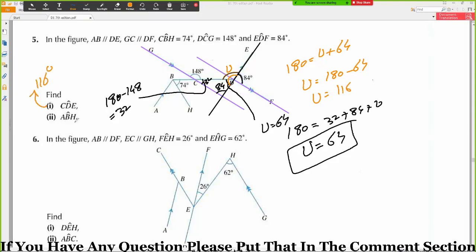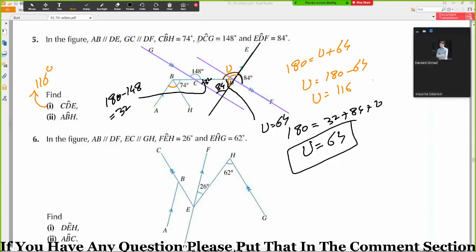So the answer of this part will be equal to 116. The second part is ABH. ABH, we will need to find this angle. Okay, तो यहाँ पे देख लो, these two lines are the parallel lines.